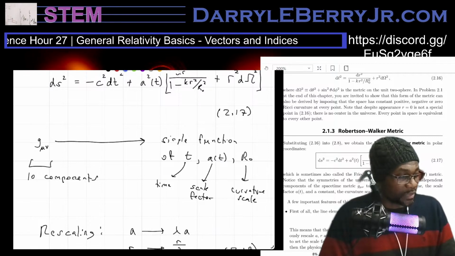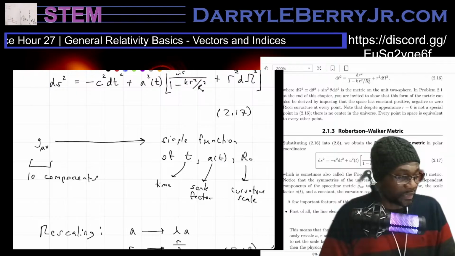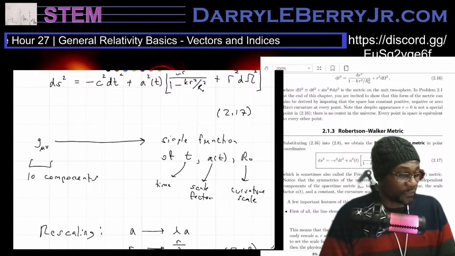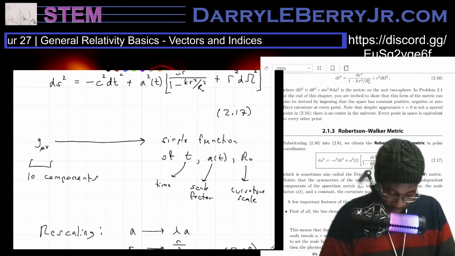The symmetries of the universe have reduced the 10 independent components of the space-time metric g mu nu to a single function of time, the scale factor a of t, and a constant, the curvature scale r naught.